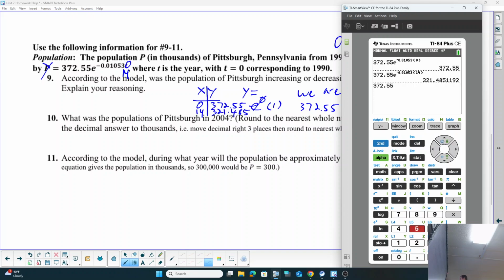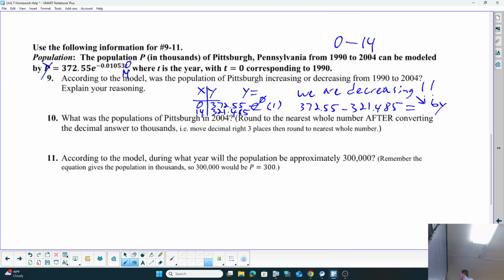We decreased by 51.065, which is in thousands. So over the 14 years, we decreased by 51,000 people.